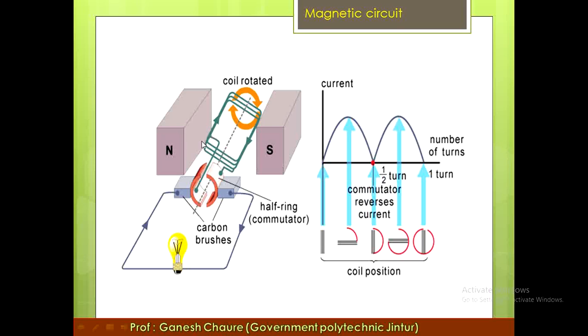Now if the motion of the coil or conductor is perpendicular to the magnetic lines of force, the maximum flux cutting action takes place, and the EMF induced in that coil is maximum. See here, the position of the coil is given. When the conductor motion is parallel, no EMF is induced, and if the motion of the conductor is perpendicular, there is maximum flux cutting, therefore maximum EMF is developed in that coil.